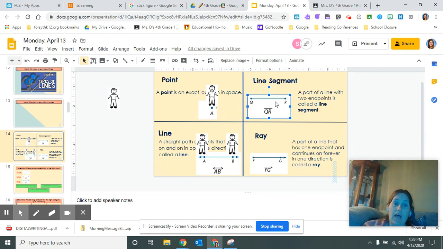Then we go down to a line. The line is a little bit interesting because you do see that there are 2 points. So there is almost a line segment inside of a line. But the difference between a line segment and a line is a line can go on forever because there's those little bitty arrows, okay?